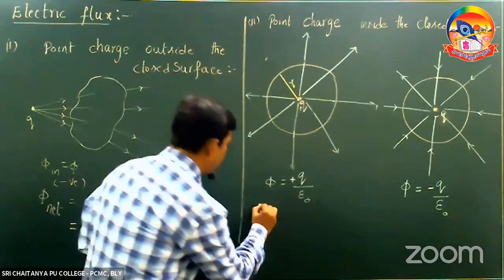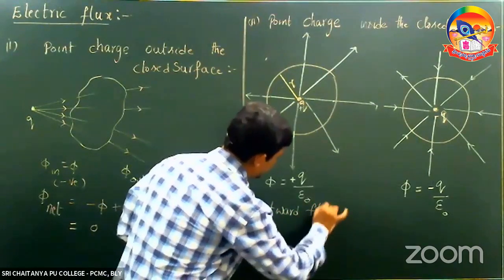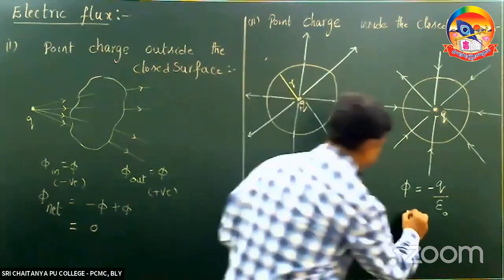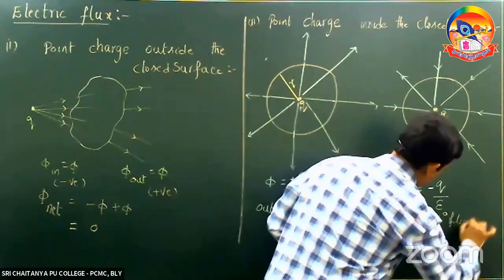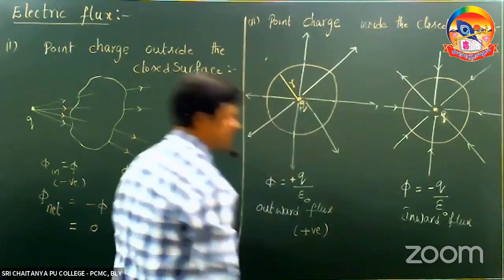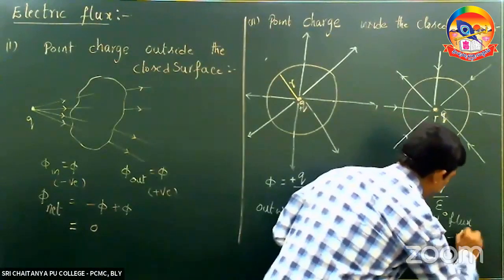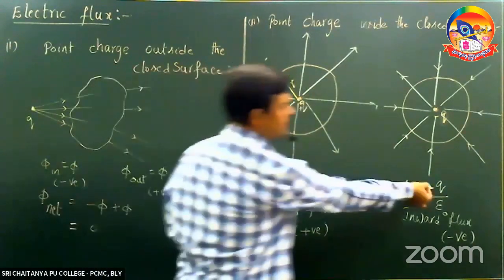So this is called outward flux. This is inward flux. Outward flux, already we discussed, positive. Inward flux, this is negative. See, positive, negative.